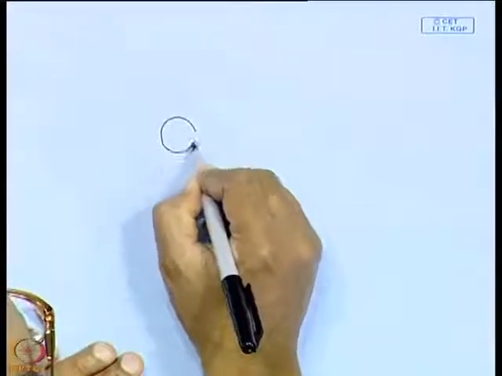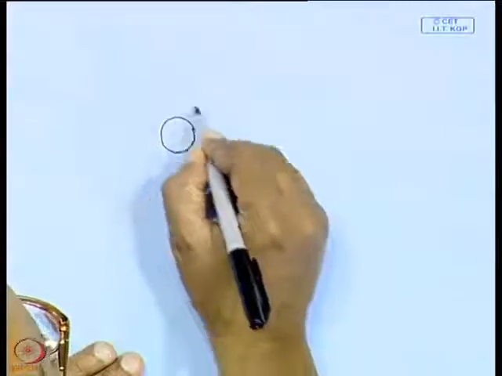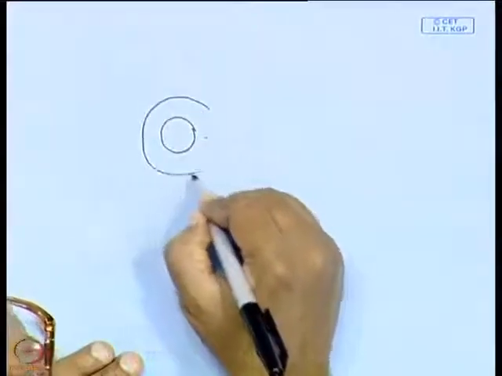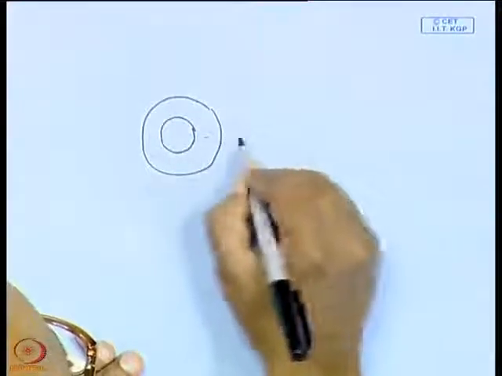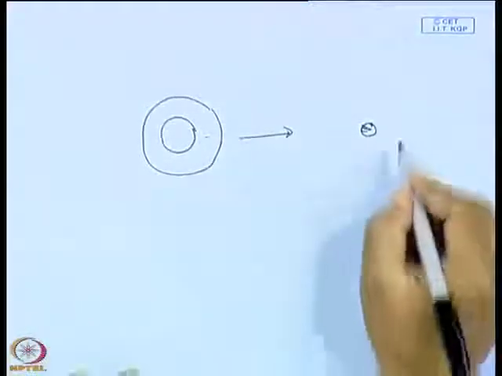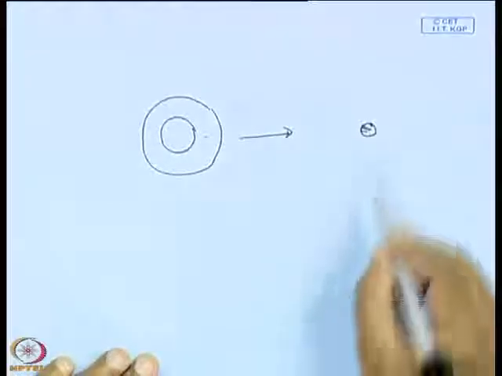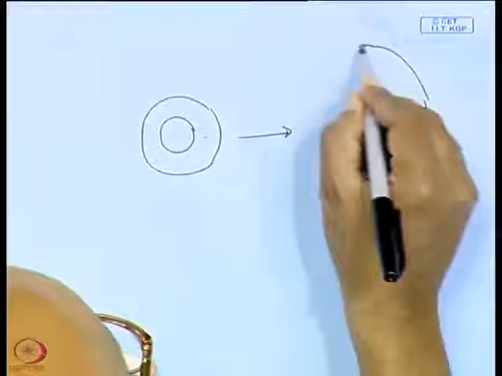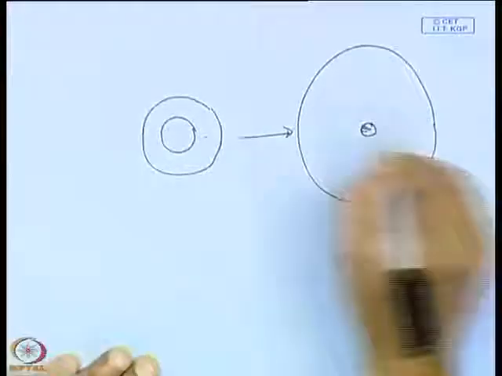This is the core, this was my star, the helium core collapses, it becomes smaller, contracts gravitationally, it gives out more energy. So, the outer part of the star increases in radius.